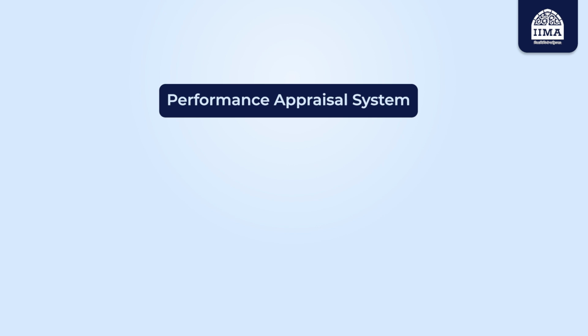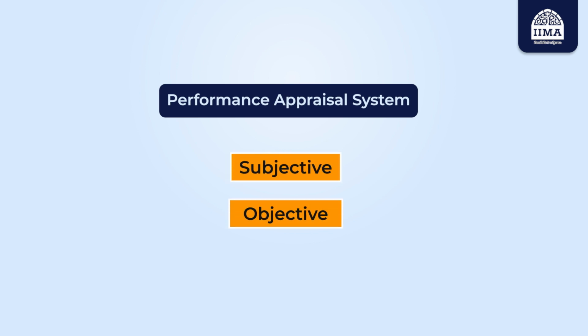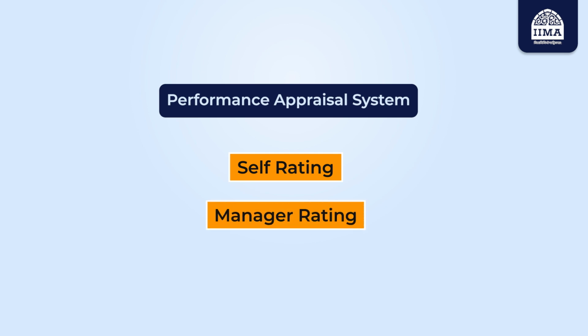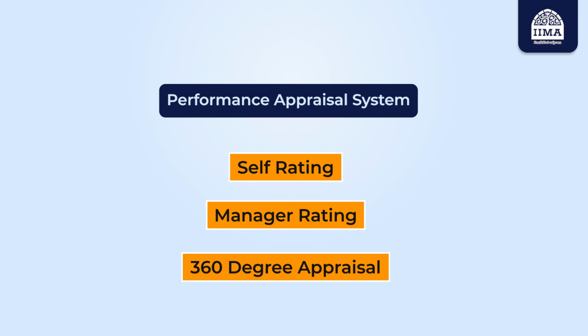Most performance appraisal systems are developed in a way where you have both subjective and objective measures and often involve self-rating and rating by a manager. Some organizations are also now using 360-degree appraisal, which is a different form of rating. More specifically, it is a multi-rater approach.